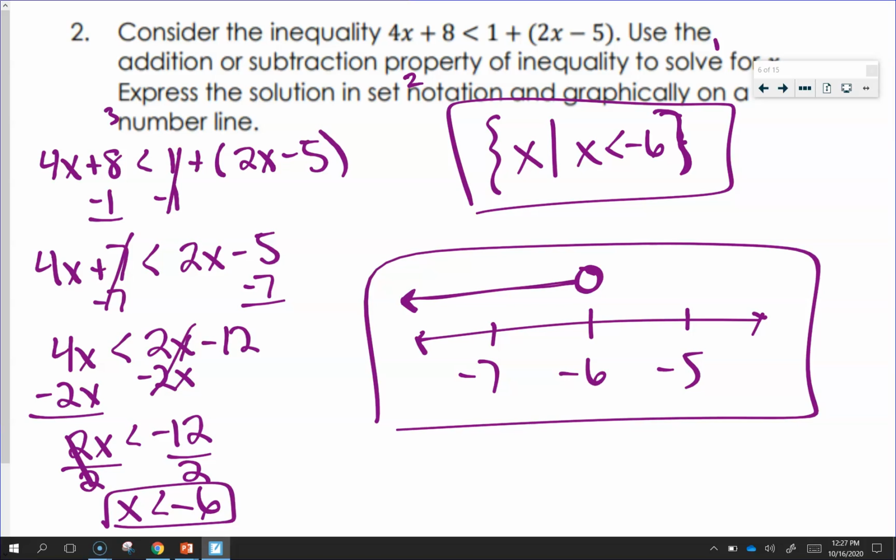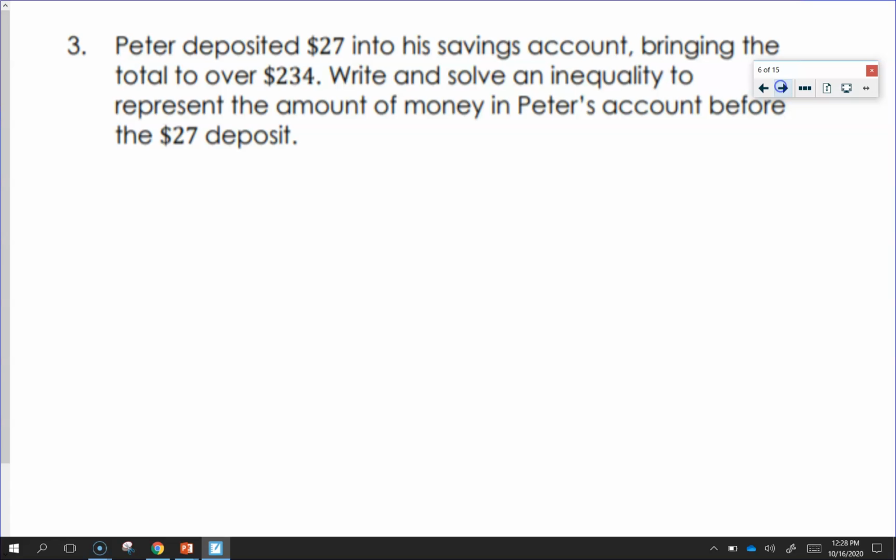How do you know if it's open or closed? So if it's equal to, it'll be a closed dot. If it's not equal to, it's an open dot. Can there be a less than or equal to one too? Yeah, there's greater than, less than, greater than or equal to, less than or equal to. There's 4 possible symbols you can have. And then equal sign is the 5th.